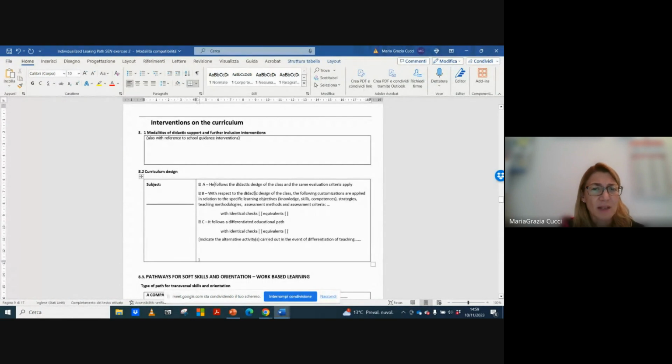With respect to the didactic design of the class, the following customizations are applied in relation to the specific learning objectives, with identical checks, or differentiated educational path with identical checks, or with equivalent checks.